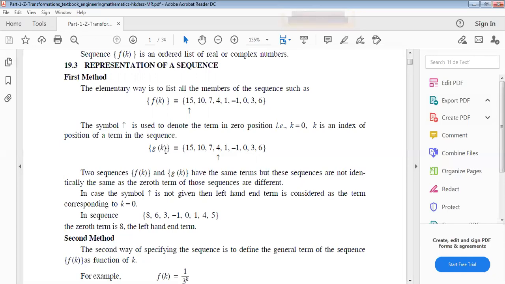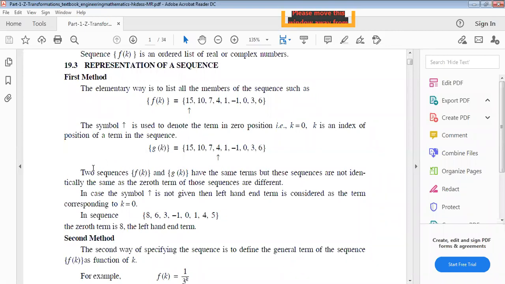That means this is 15, 10, 7, 4 before 1, minus 1, 0, 3, 6.